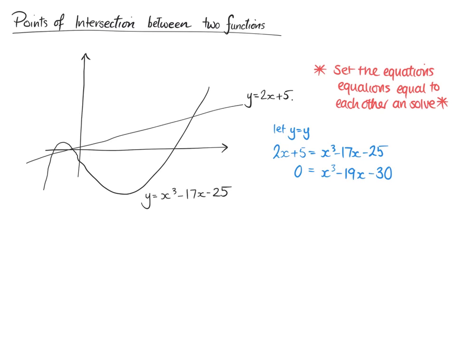Right, so from here it's just solving a polynomial equation. We want to get a factor which is equal to 0. Let's go for minus 2, since it's a factor of 30.